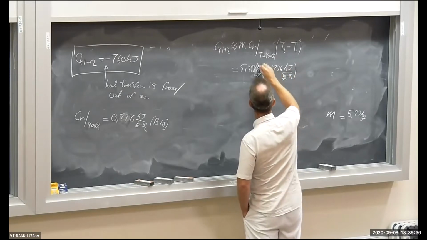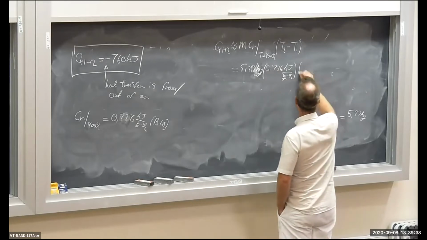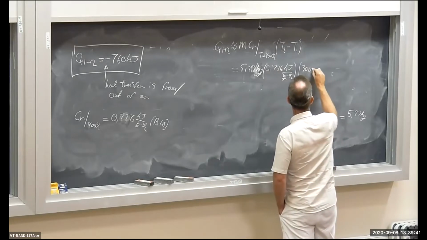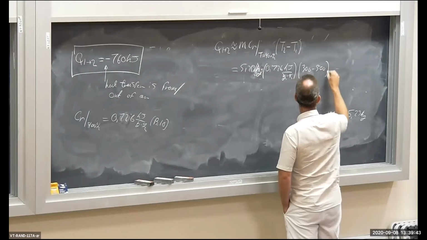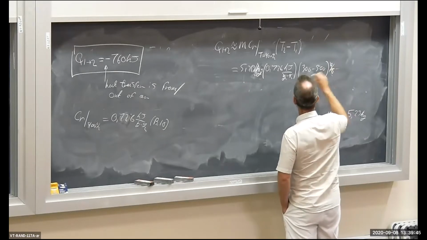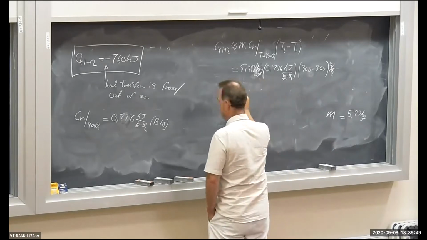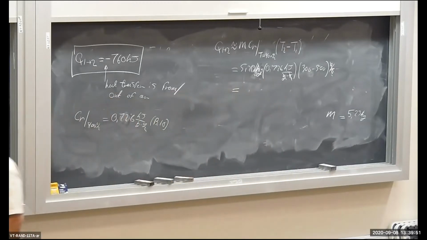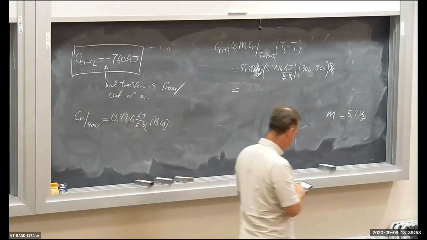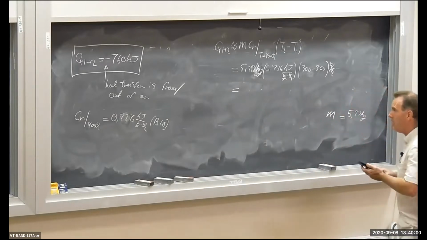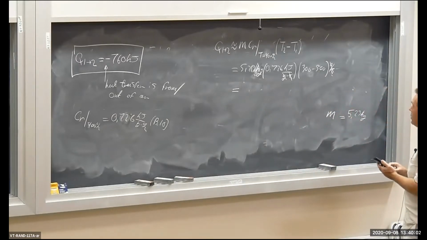Notice the kilograms cancel out. And then I've got delta T, which is 300 minus 500, and that has units of Kelvin. The Kelvins cancel out in the specific heat, leaving kilojoules. Let's see what we get. Hopefully we'll get something very close to the correct value, which is the value using the property tables.